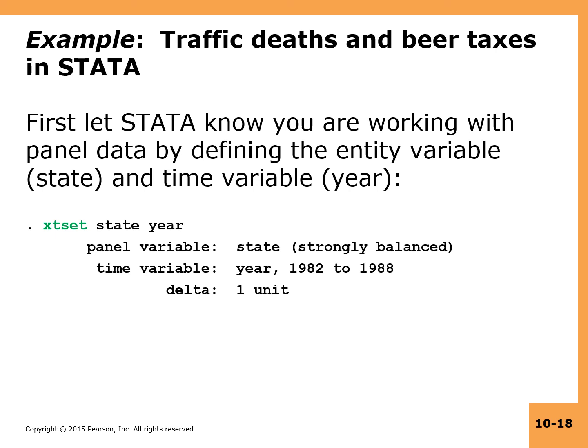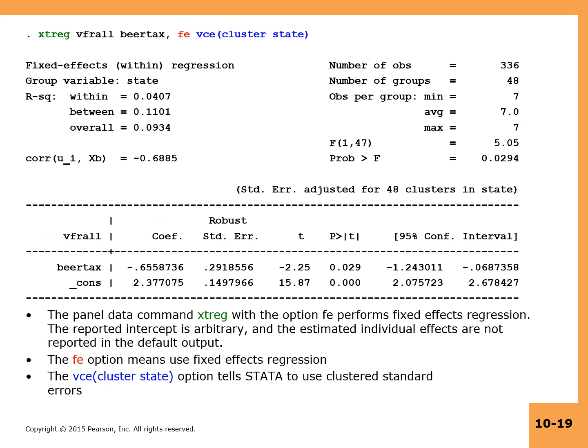How you run this method in Stata is that you first need to use the command xtset, and then put in your entity variable as well as your time variable. In this case, we have state as the entity and year as our time variable. Once you have told Stata that we're using a panel dataset with xtset, then we can use another command called xtreg to indicate that we want to do a fixed effect regression model.